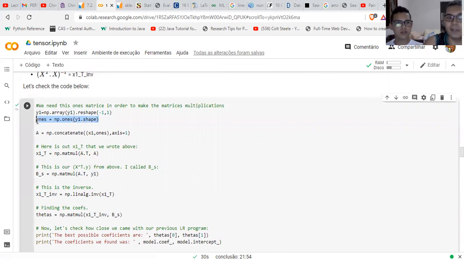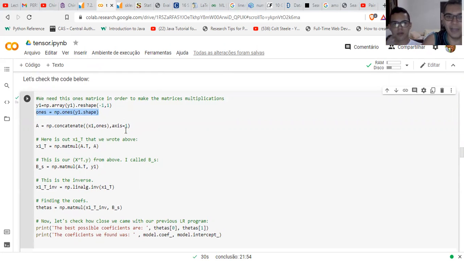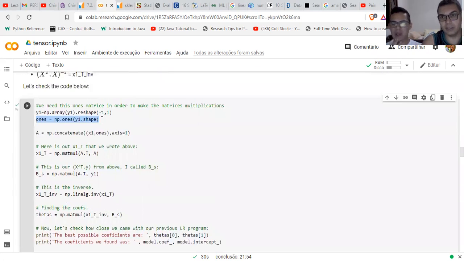We have to create this matrix of ones because remember that we have that dummy feature, the x0 always equals 1. So we have to concatenate this line of ones, that's our theta 0 x0, that's basically 1, with our input of x's.